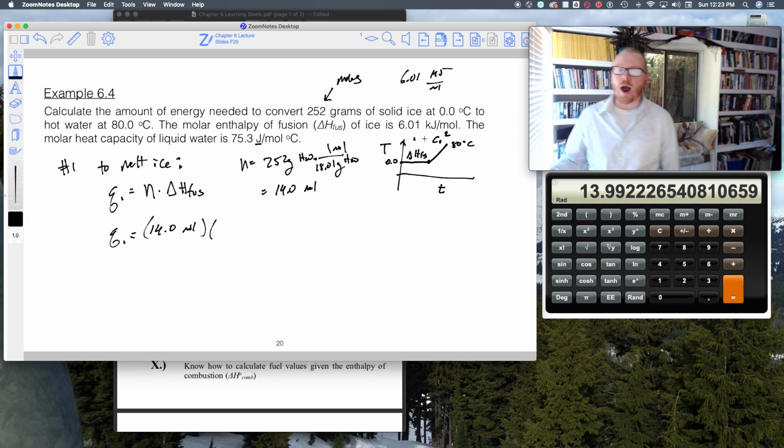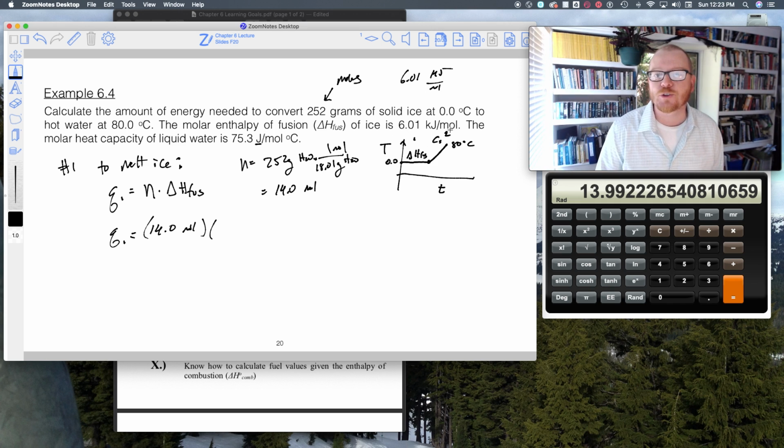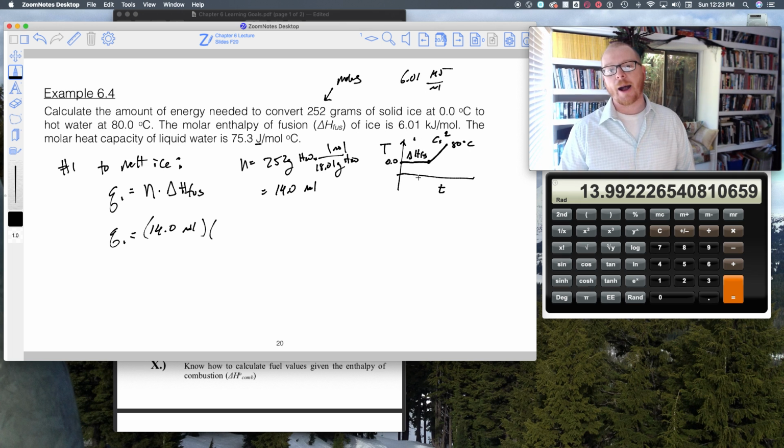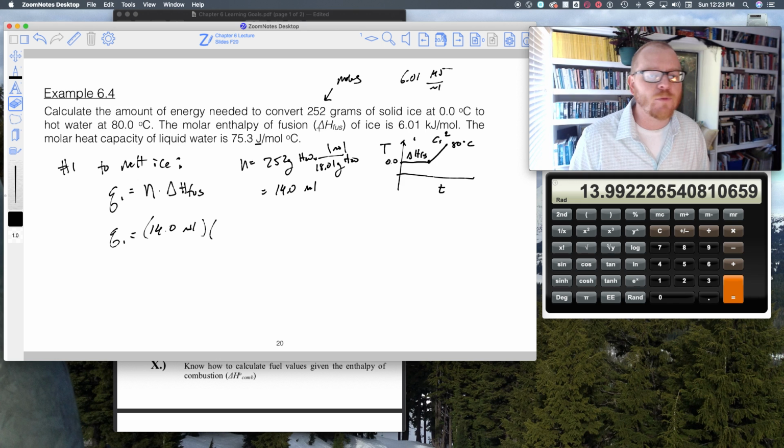I could do either way, keeping this one in kilojoules, because I want to compare apples to apples. Oh, and I wrote Cs on this little diagram, but because we just converted to moles, we're going to use Cp.